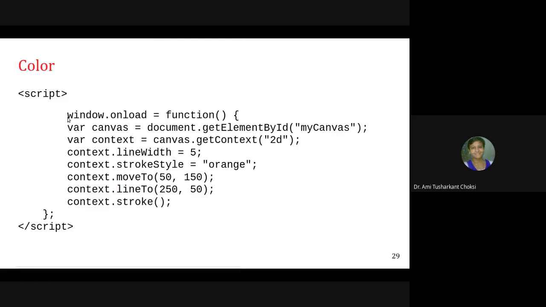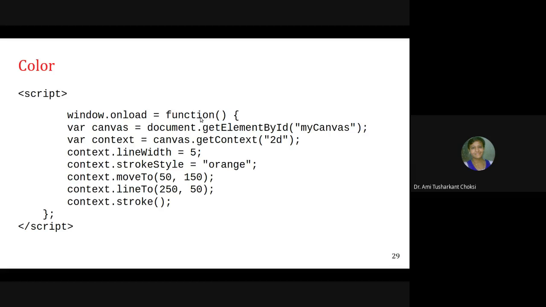Now if we want to have the color, see, everything is black and white. But without color, nothing is there in life, isn't it? Life is colorful. So to make a colorful drawing, let us have window dot onload, that is equal to function.